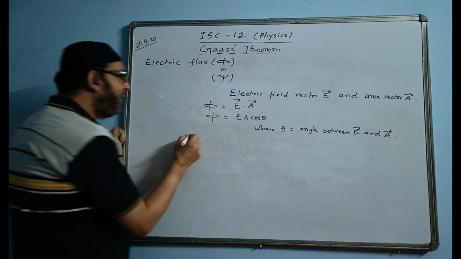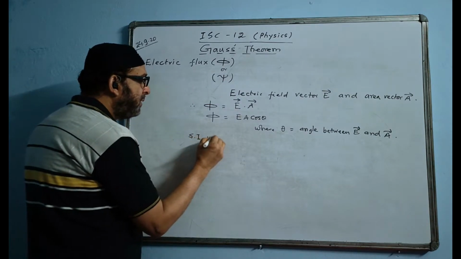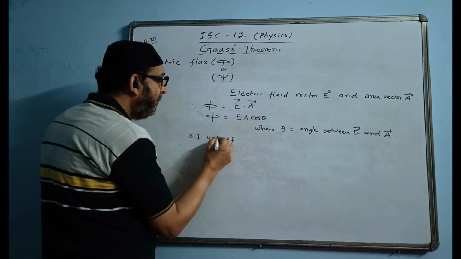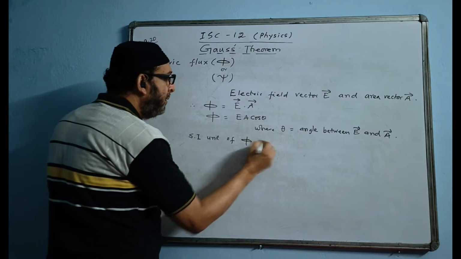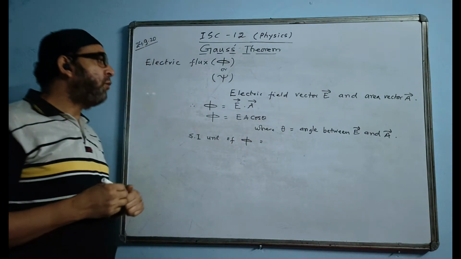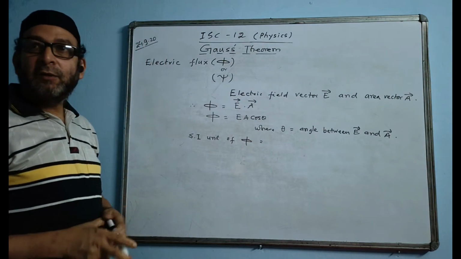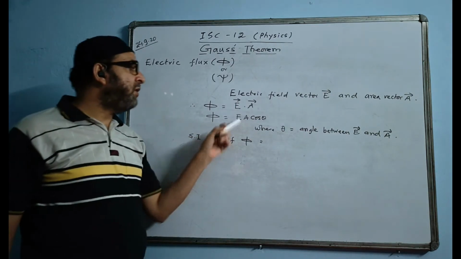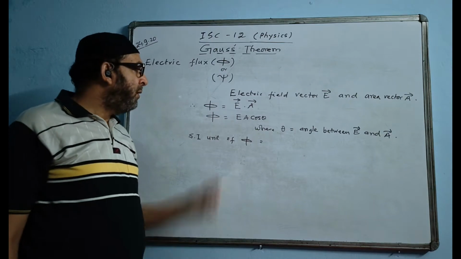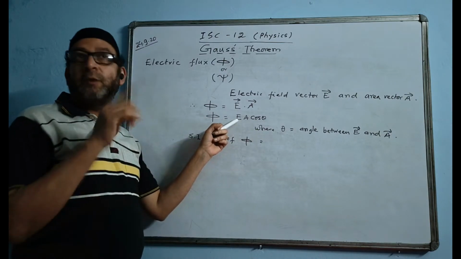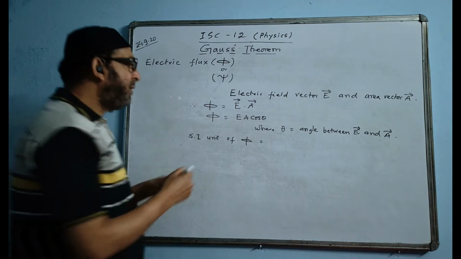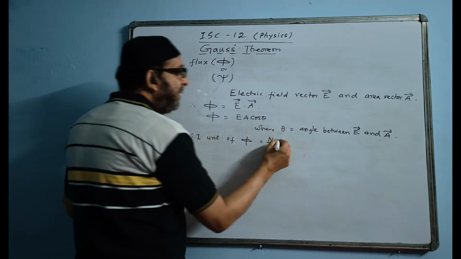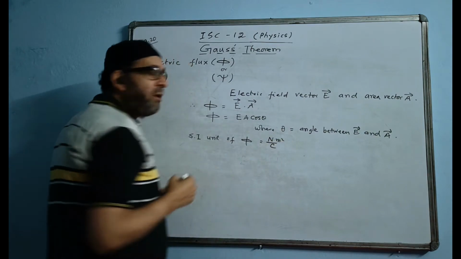Now, the SI unit of electric flux phi. We can check from the equation what the SI unit of phi can be. Electric field, we write Newton per coulomb, force upon charge, and A is area. You can write here Newton per meter square per coulomb.